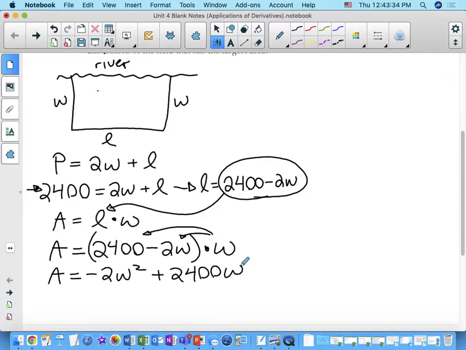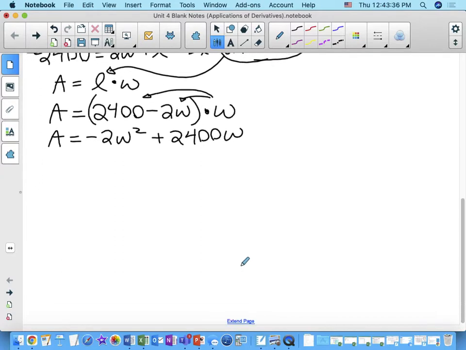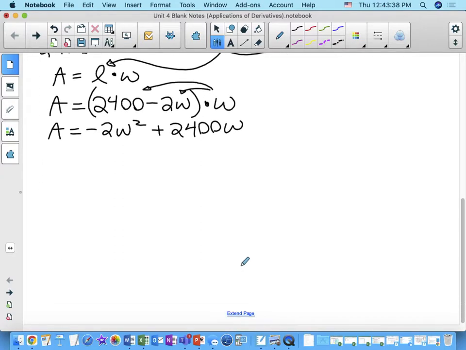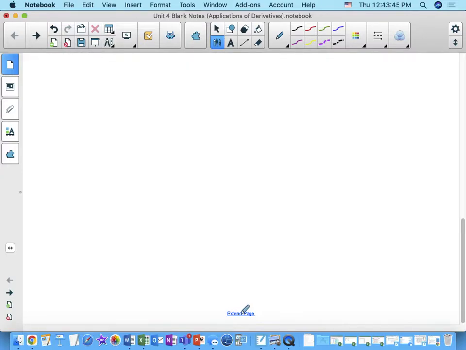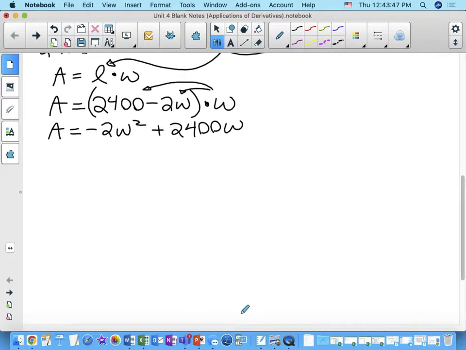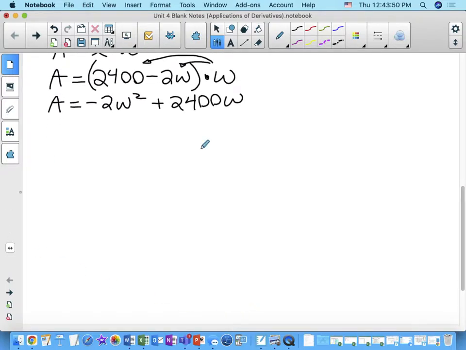Okay? Now in 20-1, if we wanted to find the max point of a quadratic function algebraically, without graphing it using technology, the only way to do that is to transform this function into vertex form by completing the square, right? And once we have the coordinates of the vertex, we know what the maximum value of the function is, and we know the value of w that makes that maximum value possible.